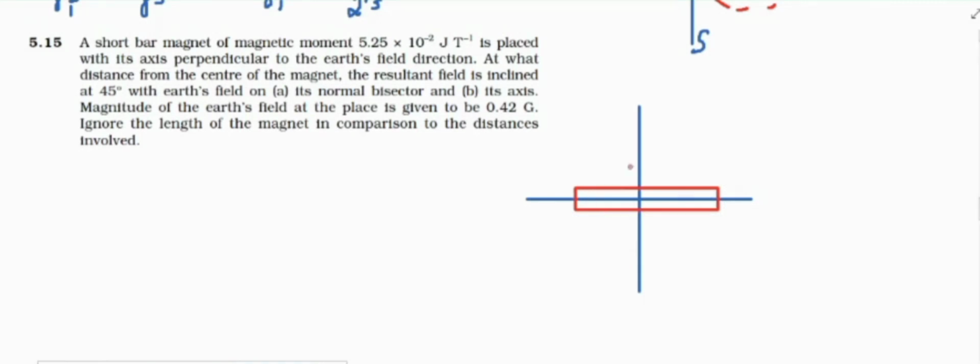In this case, the Earth's total magnetic field BE is acting from south to north. Take this one as the south pole and this one as the north pole. At the equator, the value of B equatorial is in this direction. The resultant of B equatorial and BE.